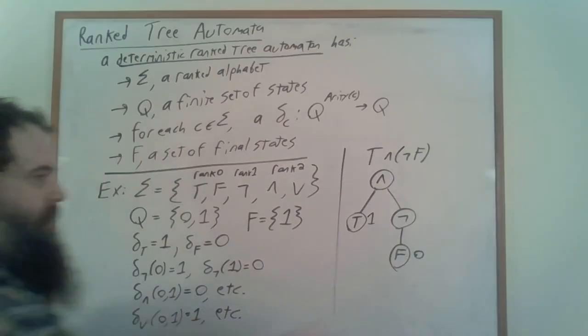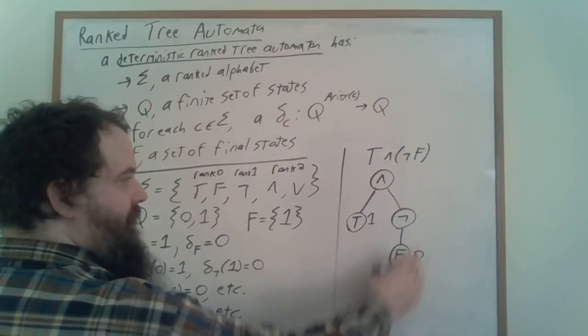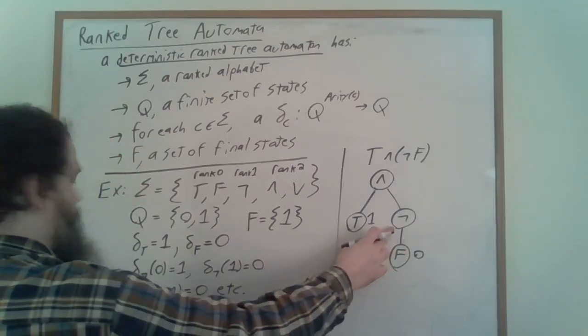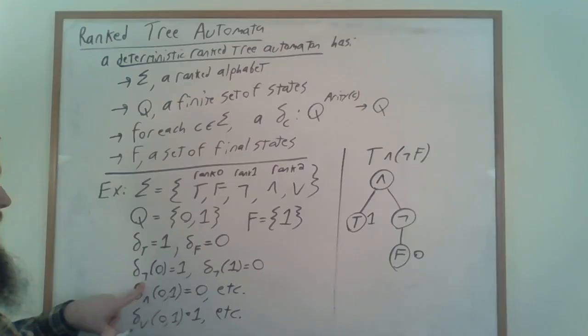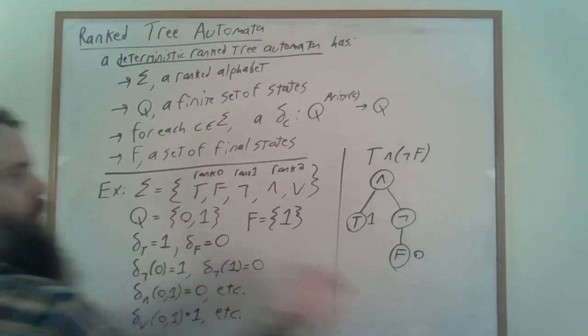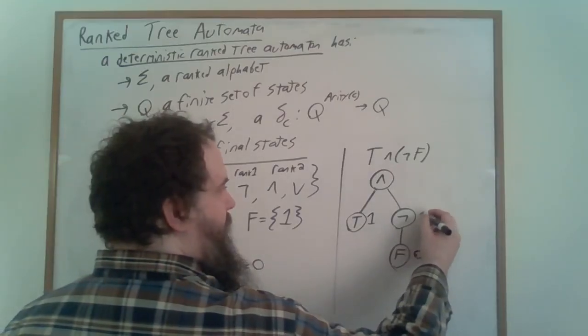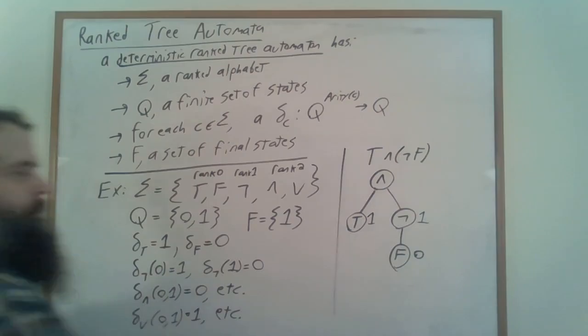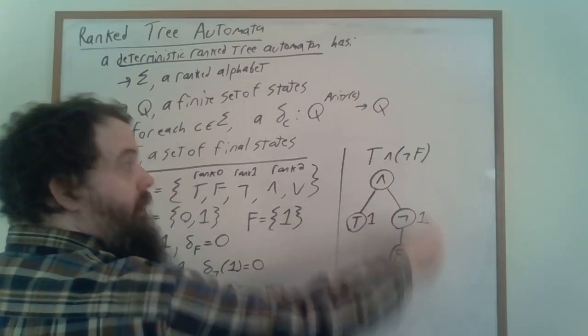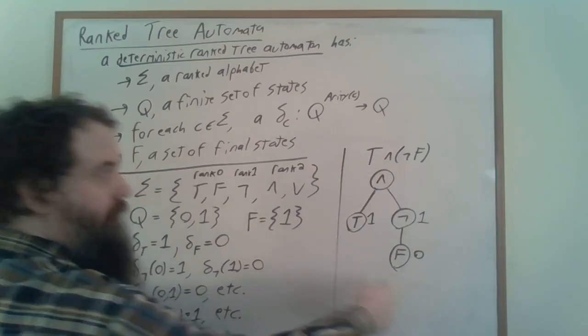We take the state of the child and plug it into the transition function corresponding to that particular character. And so that tells us that because the child node is labeled 0, we label this with a state 1. And so our not false represents a true sub-expression of the whole expression.